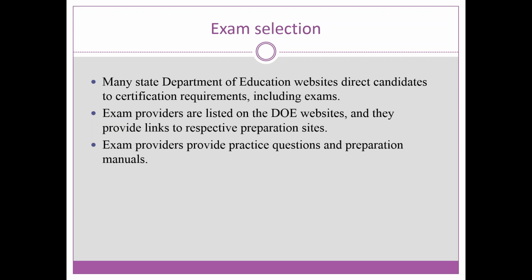Likely there will be links to the exam provider's webpage, and when you're on that exam provider webpage, you'll also be able to see maybe some practice questions and additional preparation materials. We'll talk more about that in just a moment.